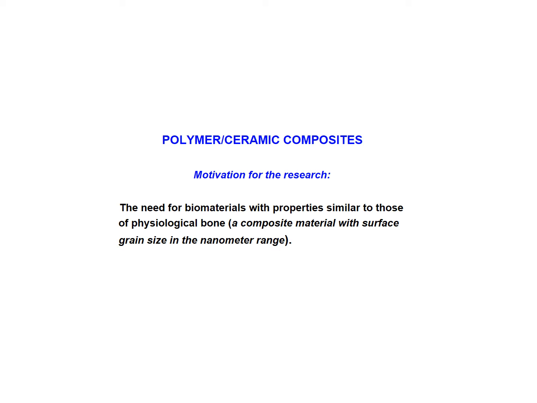Most importantly is another aspect, namely that the composite material in bone, the naturally occurring bone, has surface grain sizes in the nanometer range. What we may say then is that bone is a nanostructure, naturally occurring material.